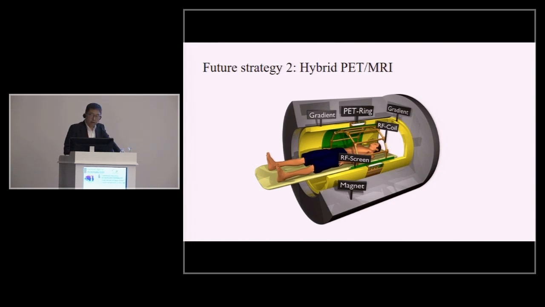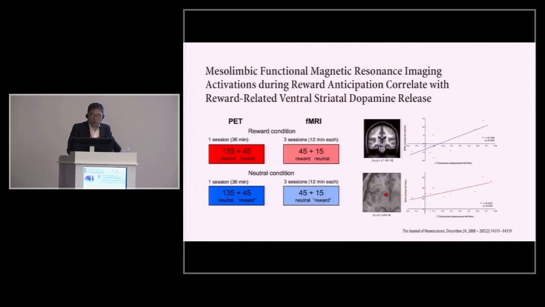So not so many groups have done this successfully, but I will give you this concept in the afternoon session in our brain imaging section. People can lie down in the machine, we can do PET and MRI simultaneously, but of course you can do anything you want.